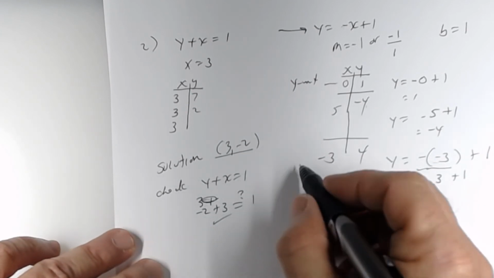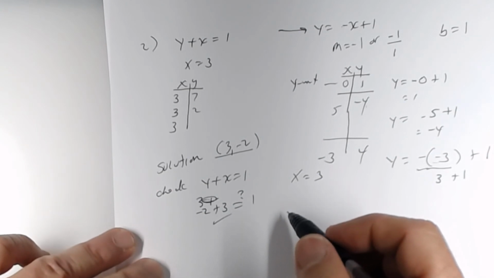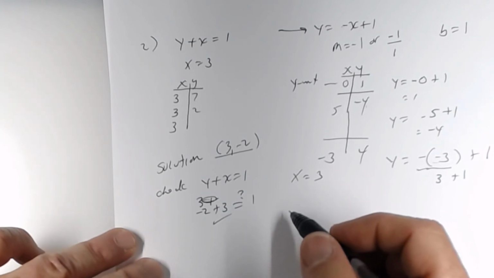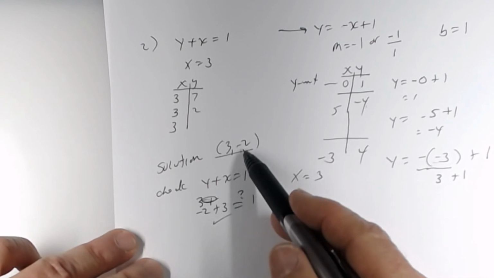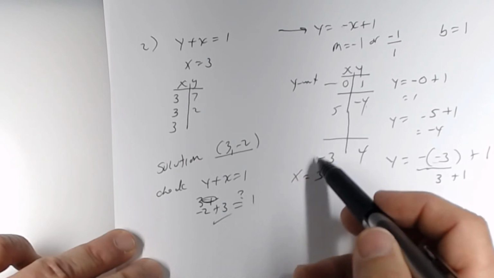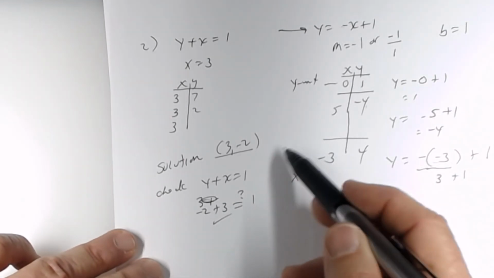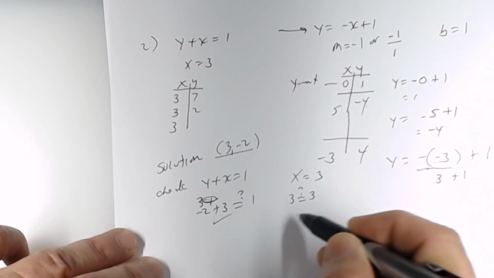Okay, so I checked the first equation. Let's check the second equation, x equals 3. Where we see the variable x, I substitute 3. Where we see the variable y, I substitute -2. But when I substitute, notice I only have which variable to substitute? 3. So is 3 equal to 3?